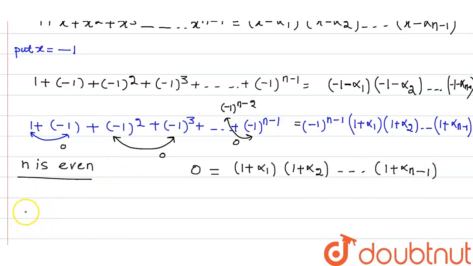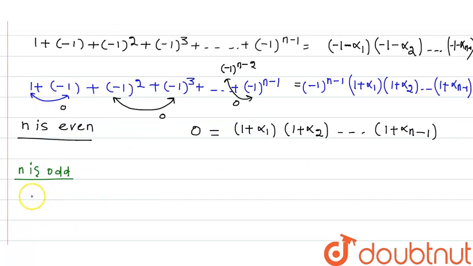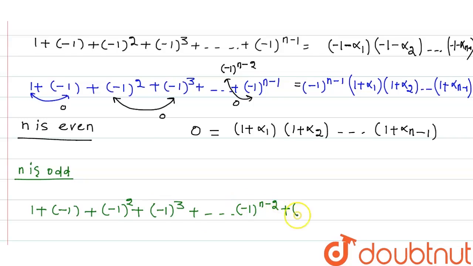Now when n is odd, see this: 1 minus 1, plus the square of this, minus 1 to the power 3, plus up to minus 1 to the power n minus 2 plus minus 1 to the power n minus 1.